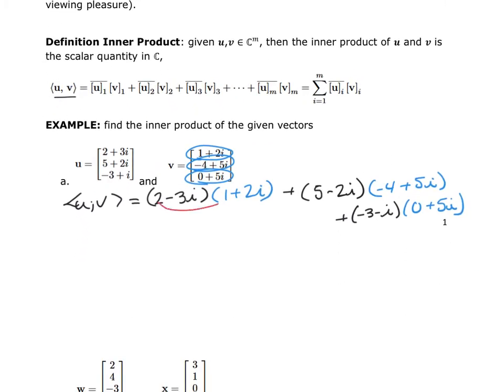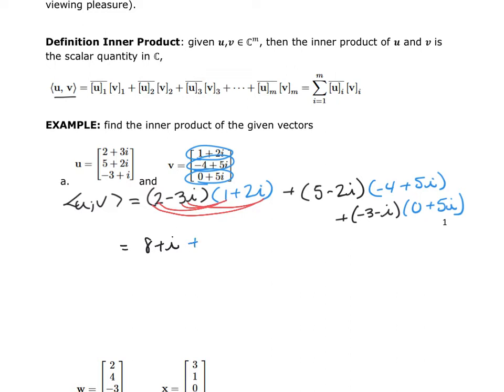Now, when I multiply these together, and this is where you want to go ahead and do some refreshing, I'm going to distribute this through, and so this is nothing new in terms of the multiplication. When I do that first multiplication, this is going to be equal to 8 plus i. That is that first multiplication of those two complex numbers.